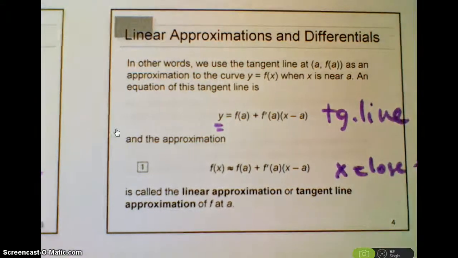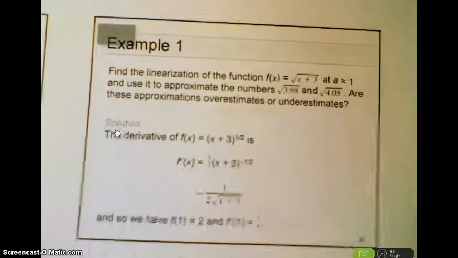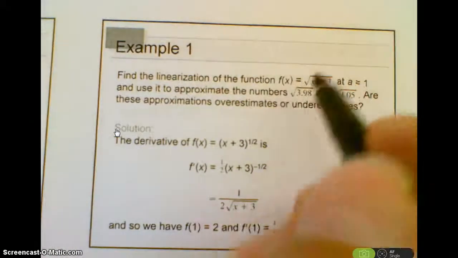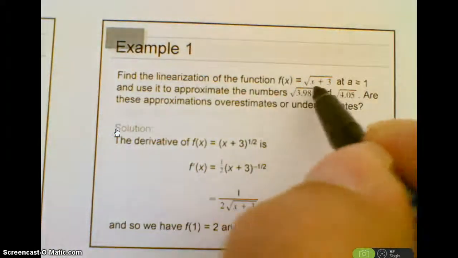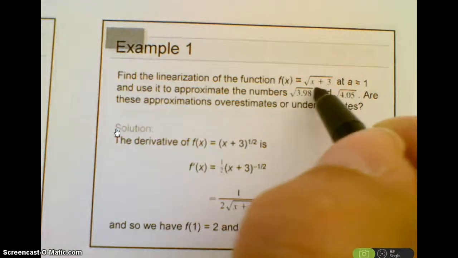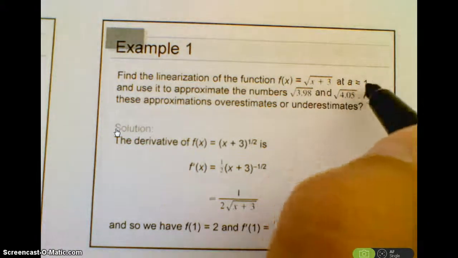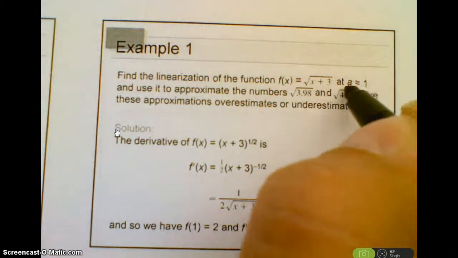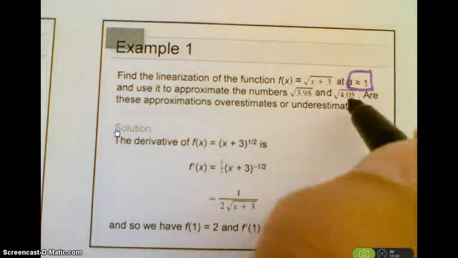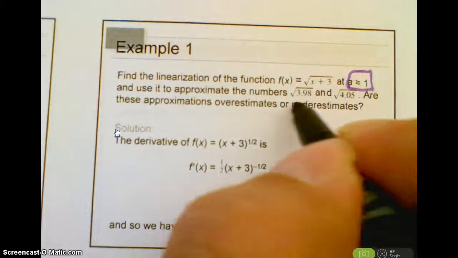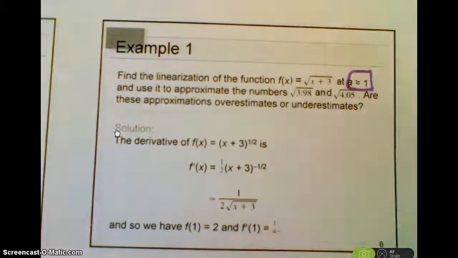So for example, I have this function, it's a square root and it's been moved left 3 units. So around x equals 1, we're going to be able to approximate the values of these two square roots.